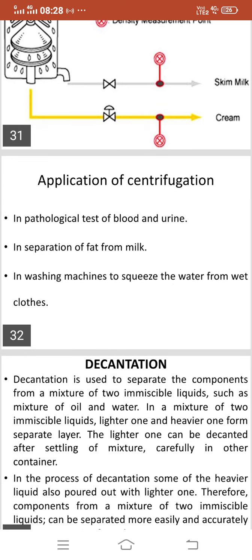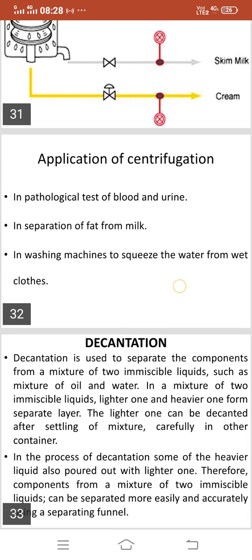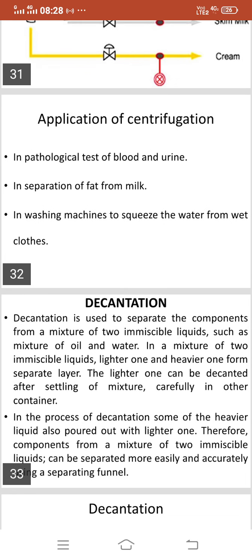The next important process of mixture purification is decantation. Decantation is used to separate the components from a mixture of two immiscible liquids, such as a mixture of oil and water. In a mixture of two immiscible liquids, the lighter one and the heavier one form separate layers.